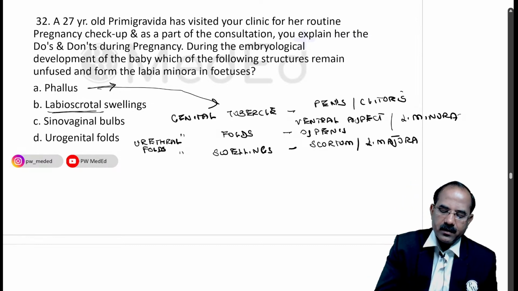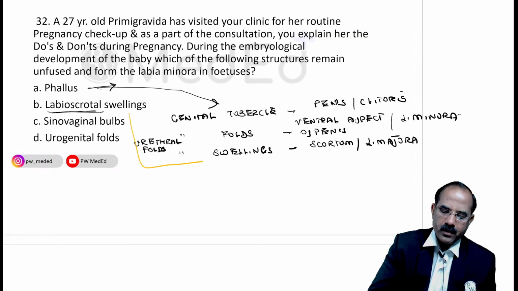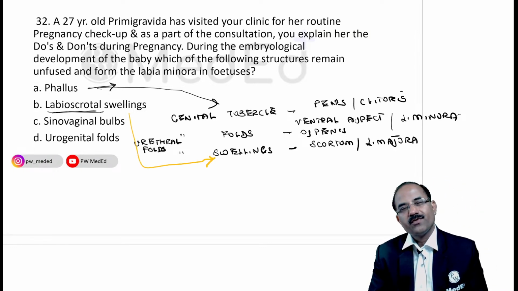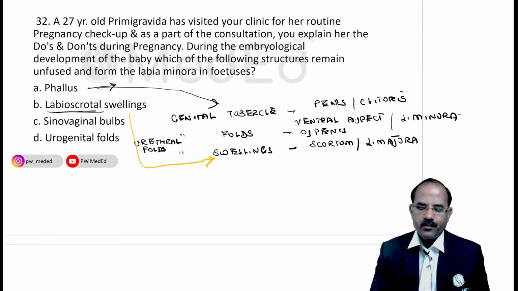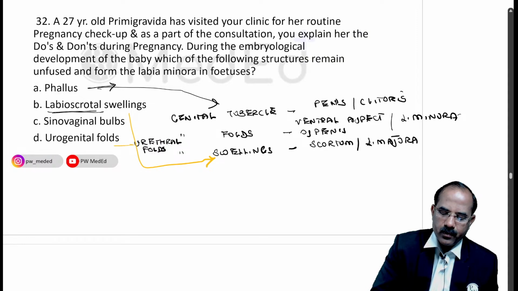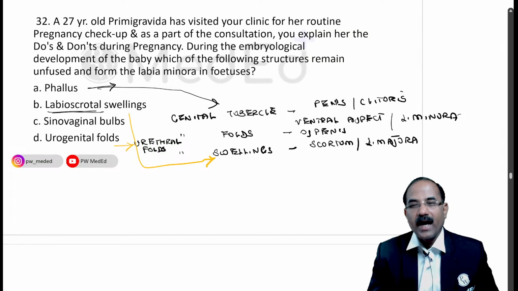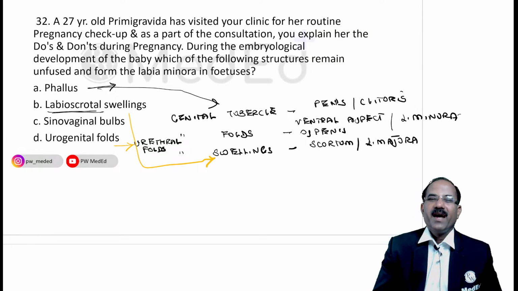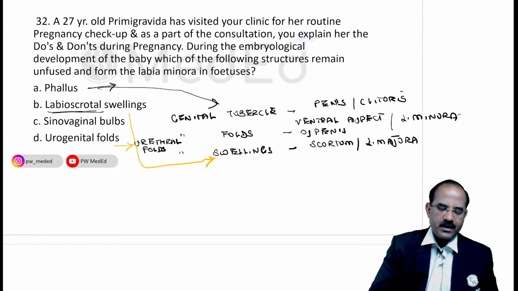Labioscrotal swelling is the genital swelling. It forms the scrotum in males and labia in females. And urogenital folds are the urethral folds. They form the ventral aspect of the penis in males and labia minora in females. So what is the answer for this?